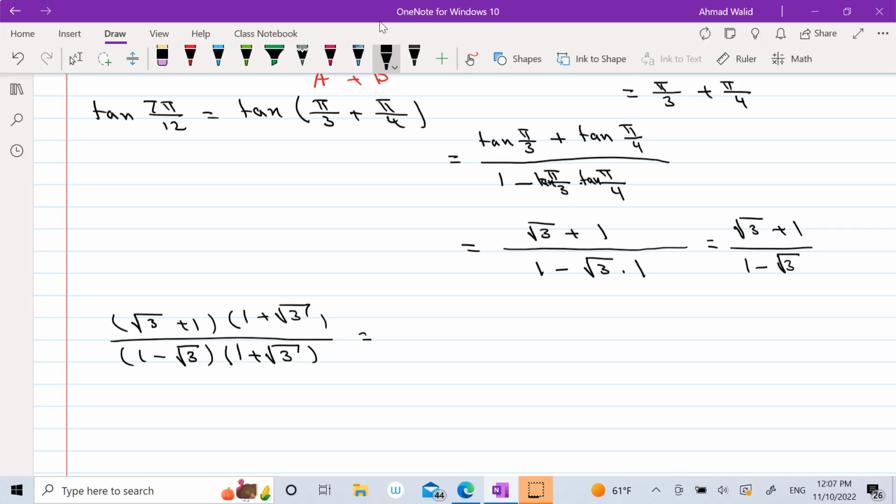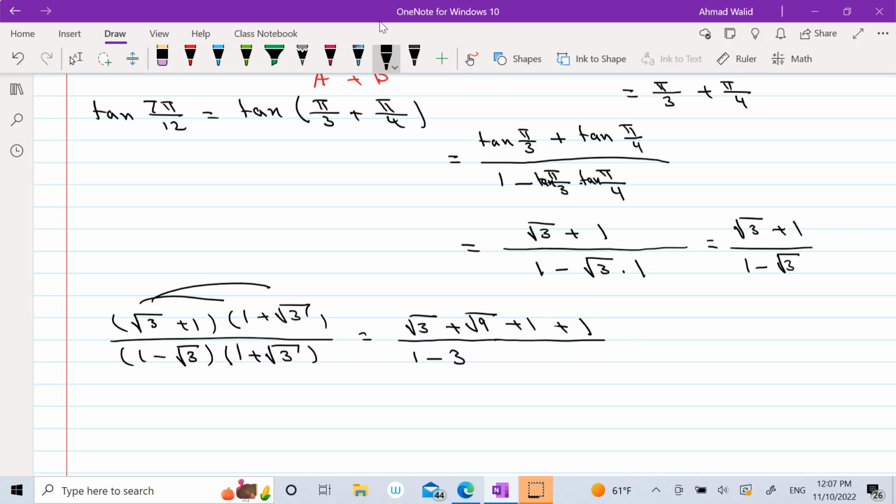Your denominator becomes 1 minus 3. Your numerator becomes radical 3 times 1, which gives you radical 3, if you distribute. Plus radical 3 times radical 3 gives you radical 9, which is 3. 1 times 1 gives you 1.